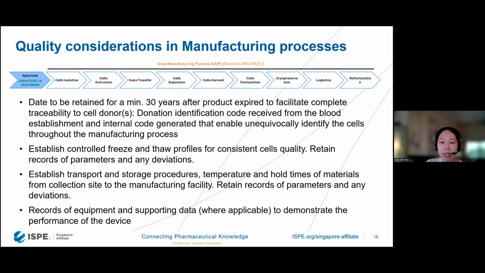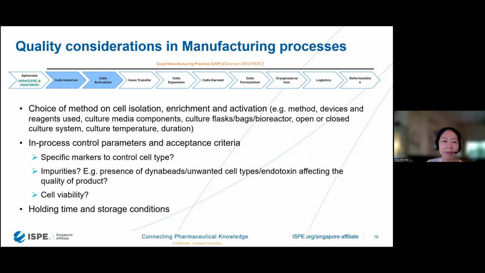So for the last point, equipment records and supporting data, if applicable, should exist to demonstrate equipment performance. The manufacturing process, all steps after the apheresis, should be performed under GMP and described in detail.